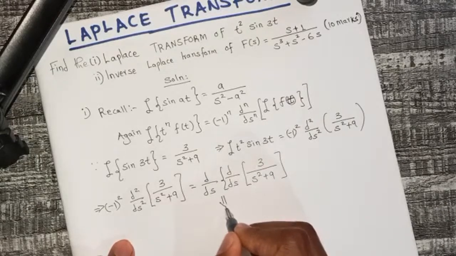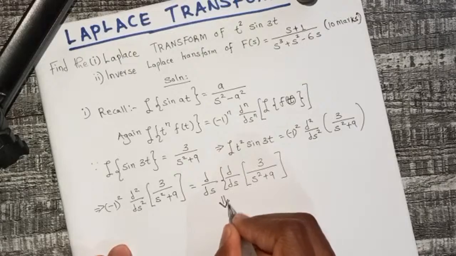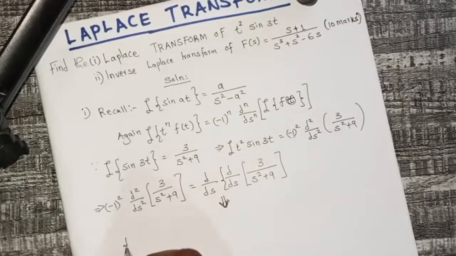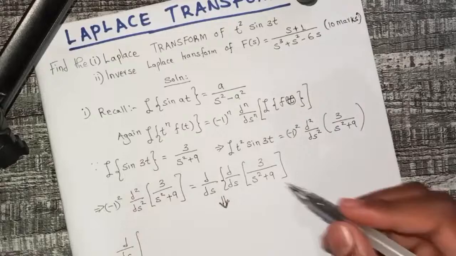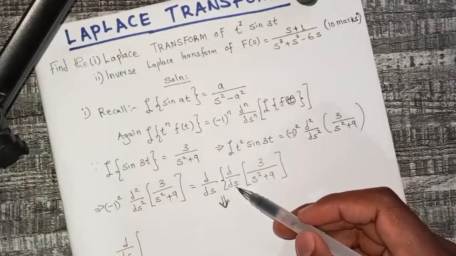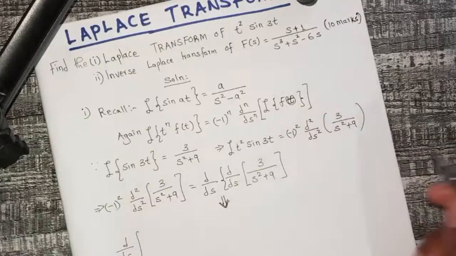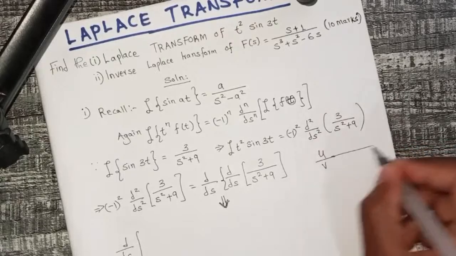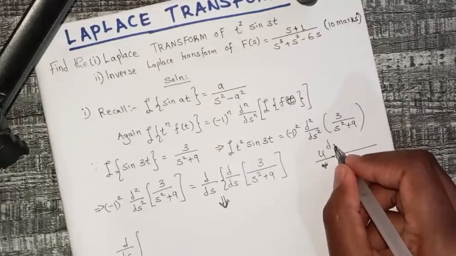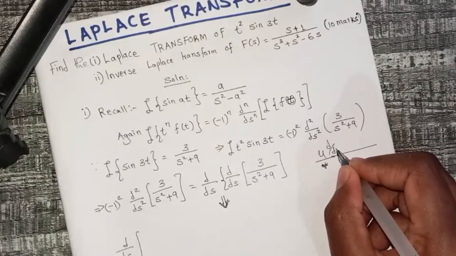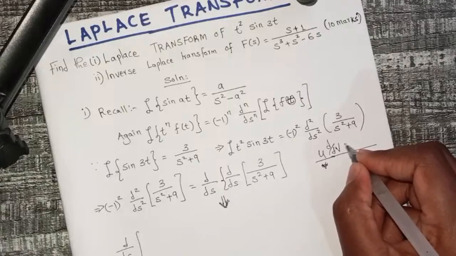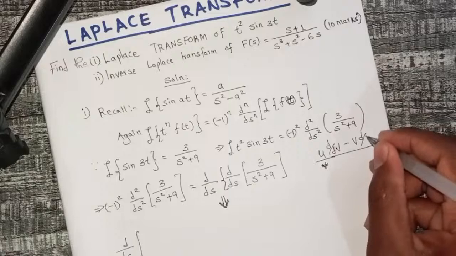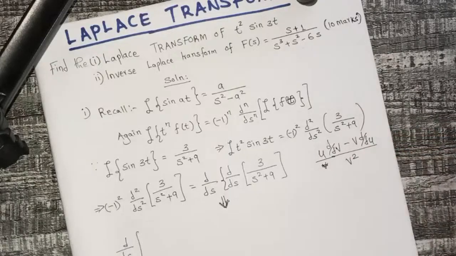From this we can apply the quotient rule of differentiation, where it is u over v: you hold v constant and differentiate u, then you subtract u held constant and differentiate v, then everything over v squared.